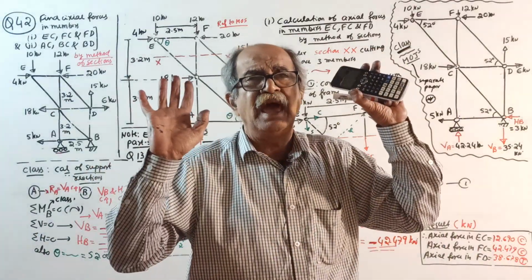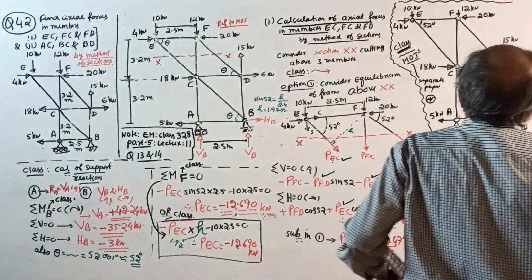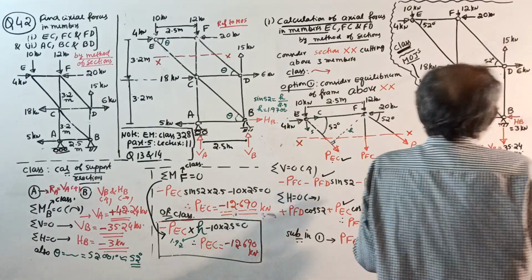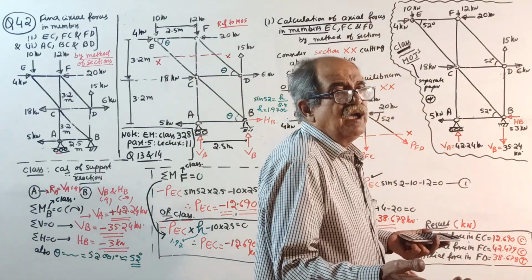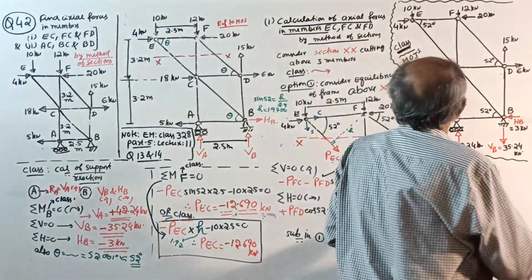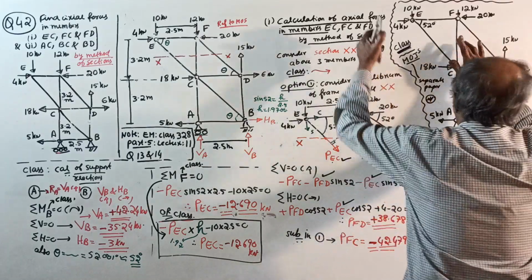With only this pen and calculator, I will stand here. You cannot see because I can't stand here, I can't turn this way. Don't bother. I will come here and enter all the results here.